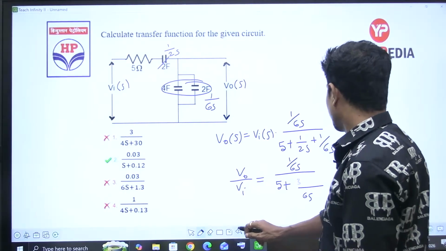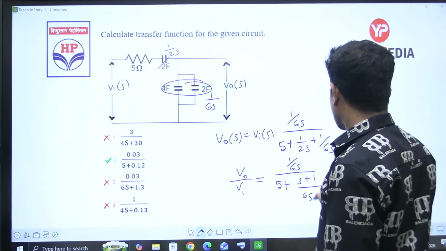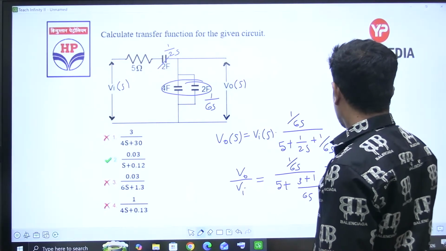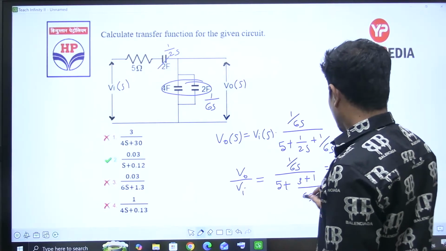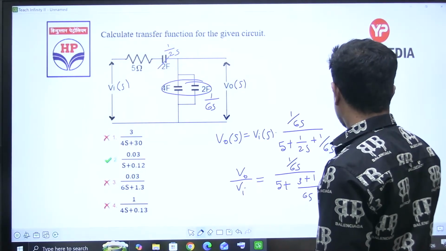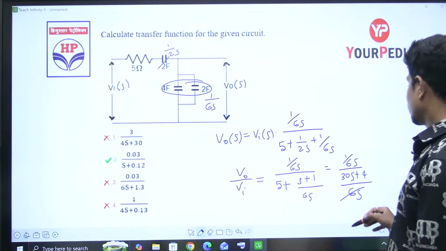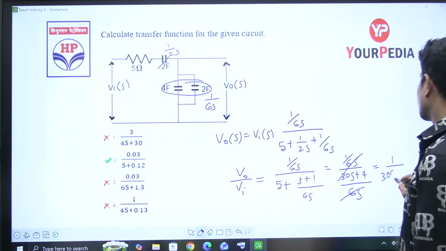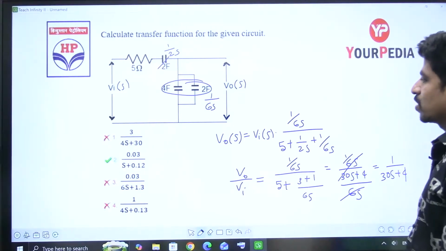By s will come. This is 3, this is 1 now. Now 1 by 6s by 30s plus 4 divided by 6s. So 6s gone. That is equal to 1 by 30s plus 4.